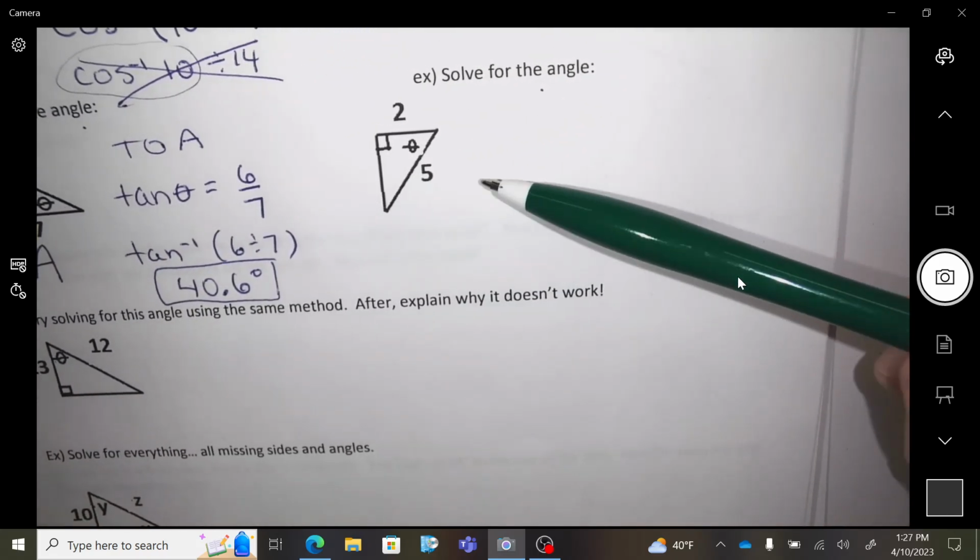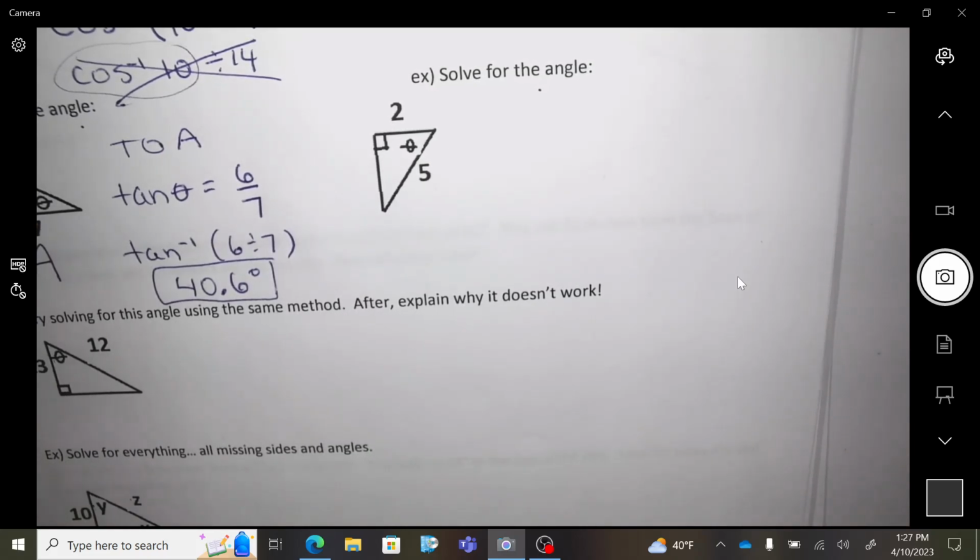Can you do this one on your own? Let's see if you can get this 2/5 one. Go for it on your own. See if you can put the letters in and then get the angle.